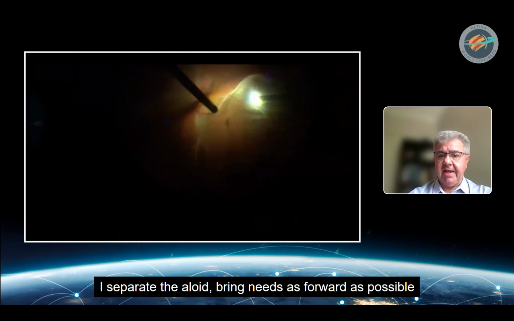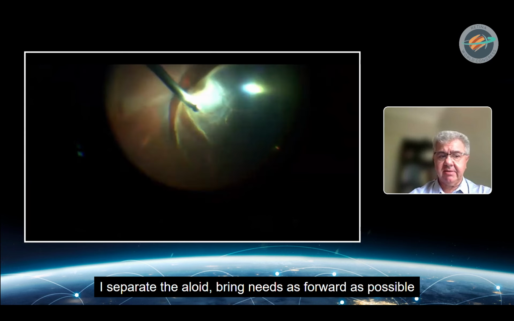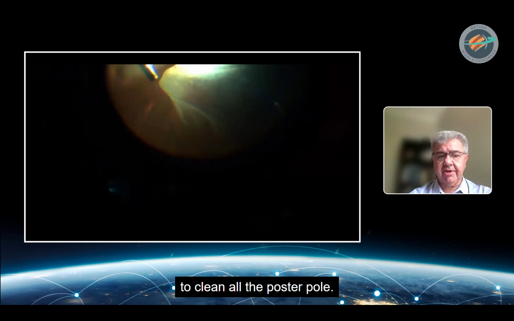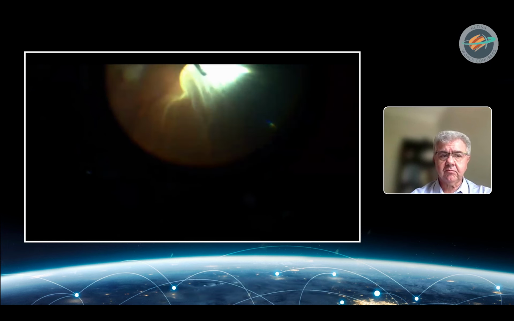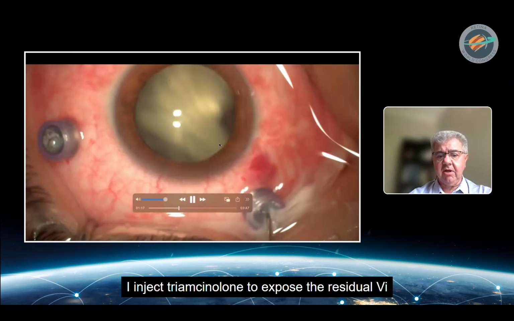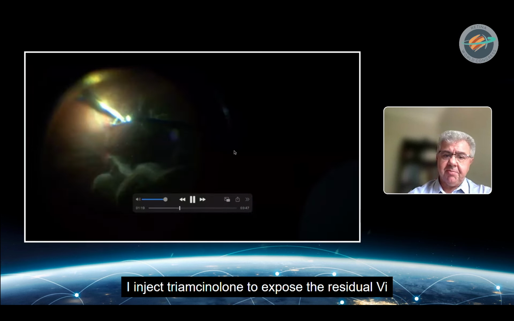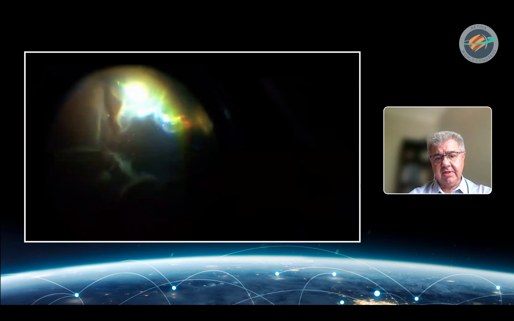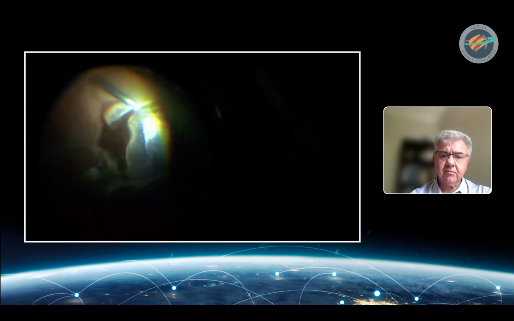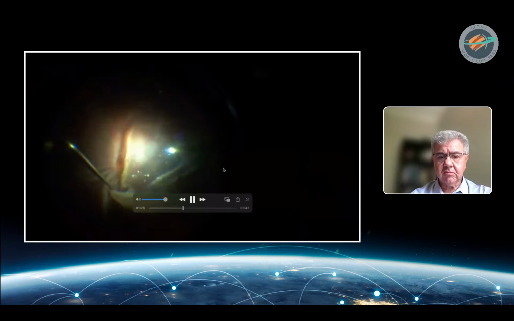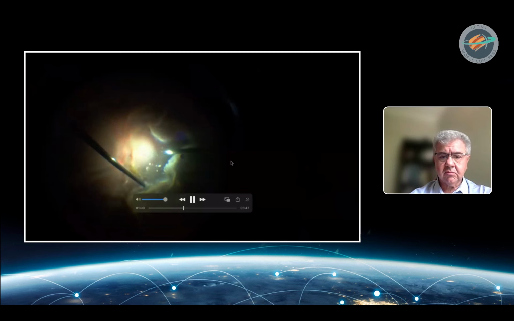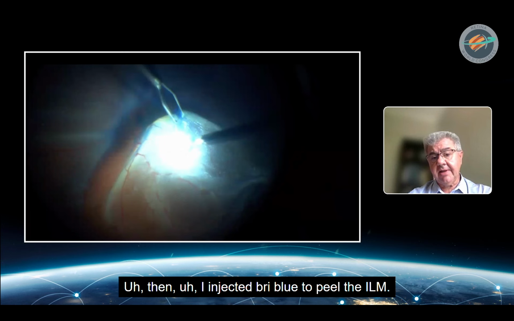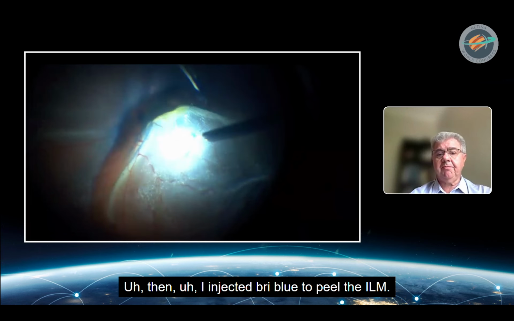I separate the hyaloid, bringing it as far forward as possible to clean all the posterior pole. I inject triamcinolone to expose the residual vitreous, and I take out all the vitreous that I can. Then I injected brilliant blue to peel the ILM.